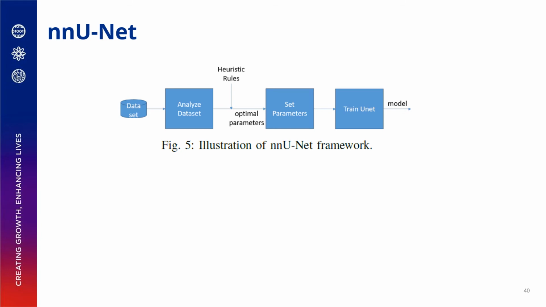nnU-Net, a very, very interesting paper, came out, I believe, in 2017 by Fabian. The name nnU-Net stands for no new U-Net. So as you saw in the residual U-Net paper and the inception U-Net paper, scientists were coming up with really different ways of overcoming the limitations of the baseline U-Net.